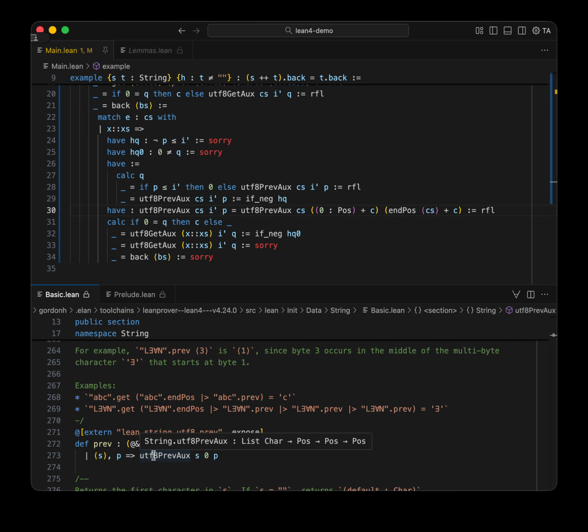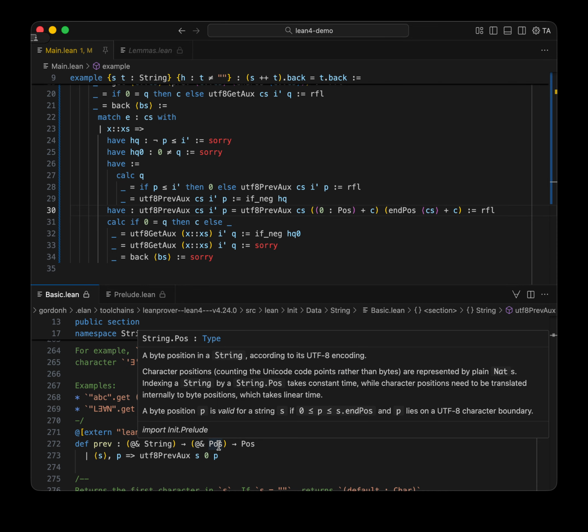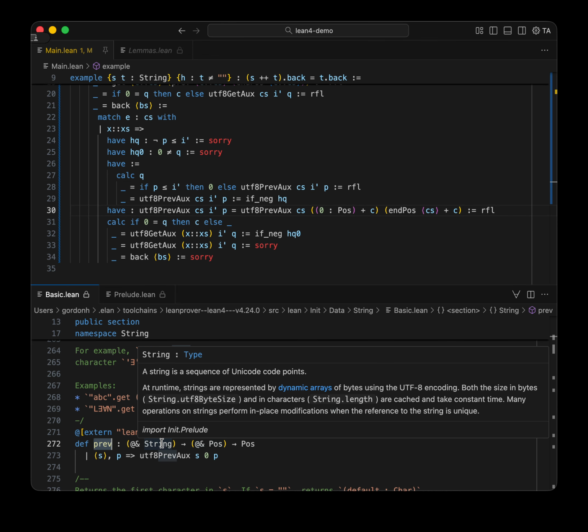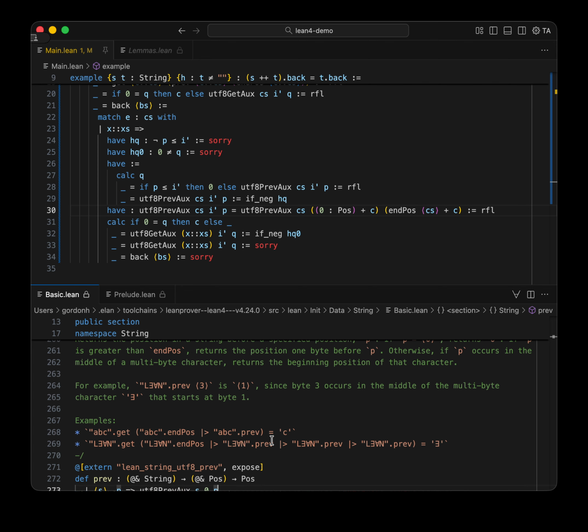Let's see. Given a string and a position, prev will give you the previous position in that string. The previous position. What does it mean? Okay, let's look at the example. We have a string ABC.